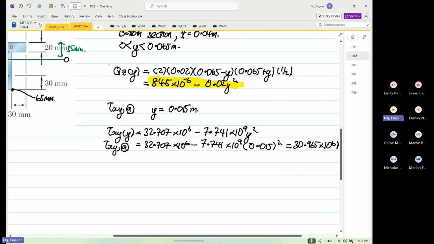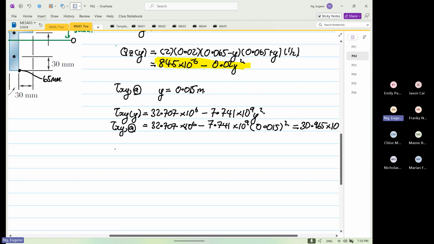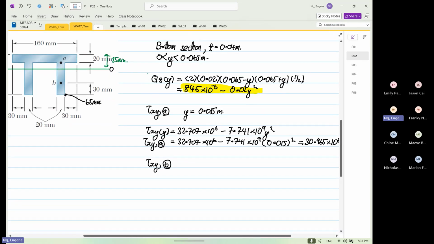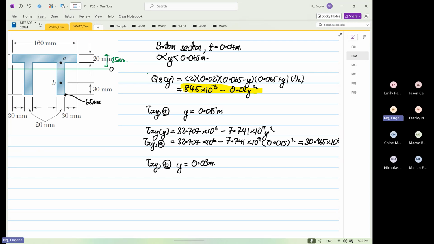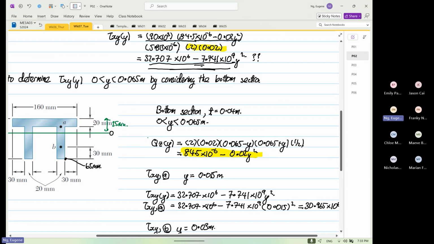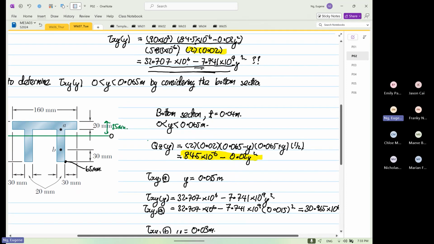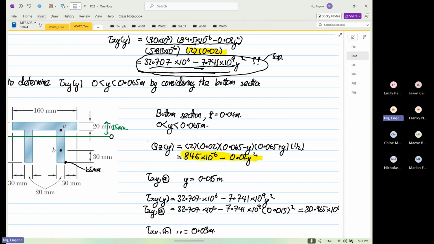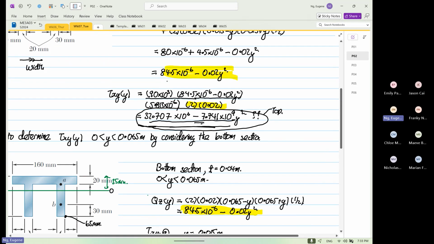Okay. And then we are going to look at the shear xy at point B. If we look at point B, y is equal to 0.03 meters. You can use the same equation, because both equations, whether you take from the top or from the bottom, are the same, because our first moment of area is the same.